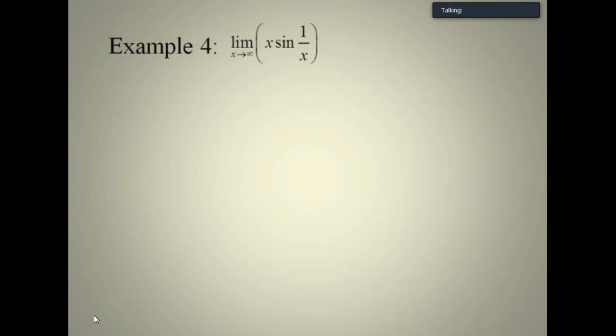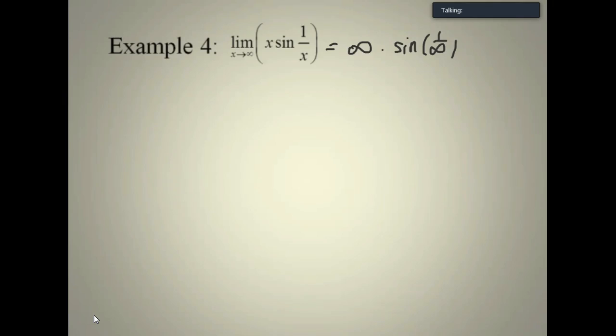So if you plug in just the infinities to start, you'd get infinity times sine of 1 over infinity. Well, the sine of 1 over infinity, think about 1 over anything really big. That's really small.